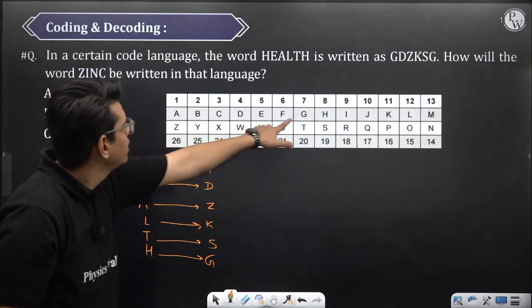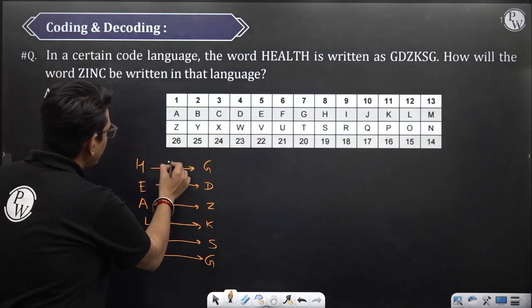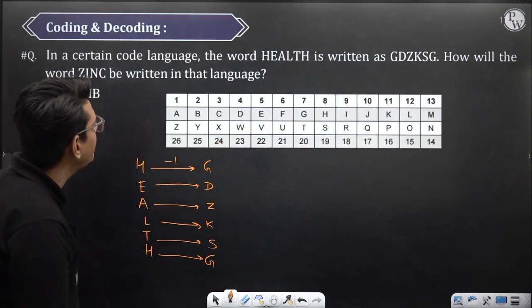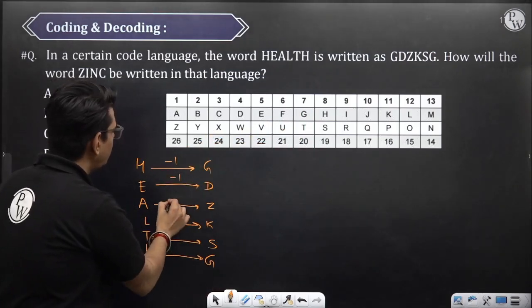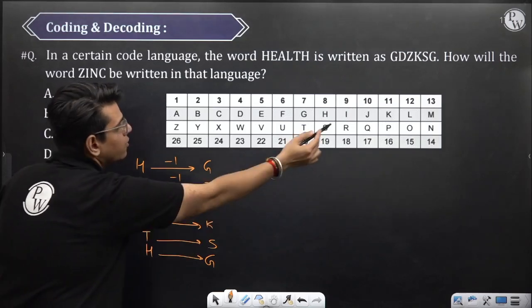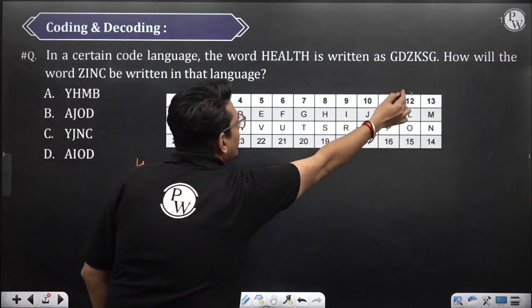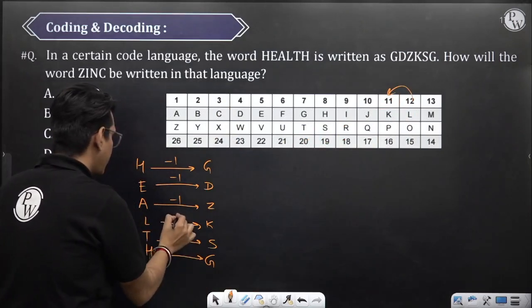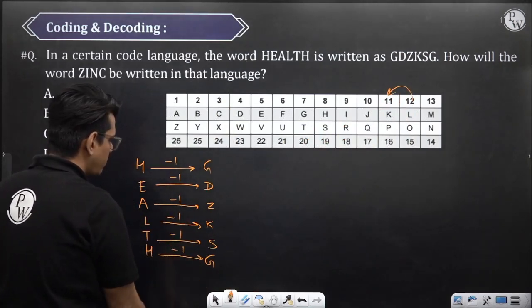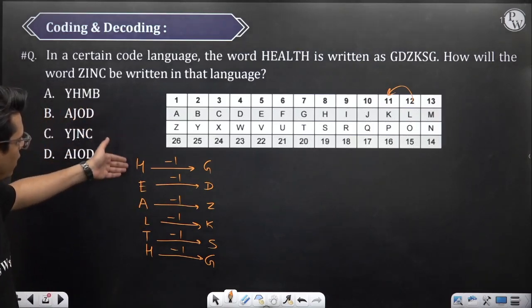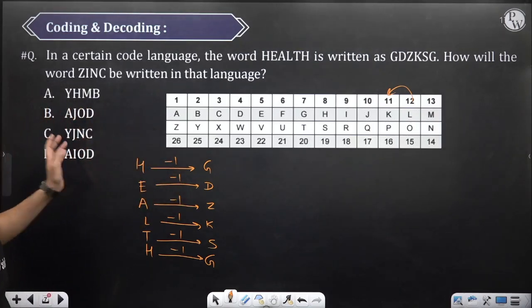H and G. So G is nothing but H minus 1. E and D again minus 1. A minus 1. L, K. We are going one place backwards from L to K. So this is nothing but minus 1. This is also minus 1. So every alphabet we are going a position backwards.